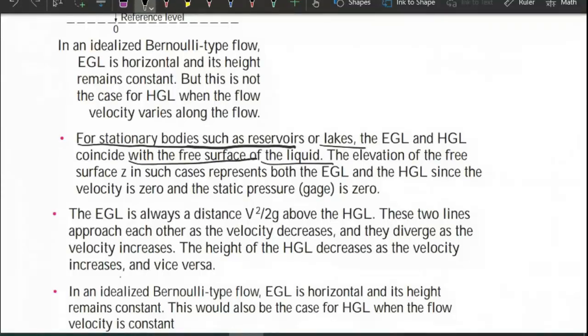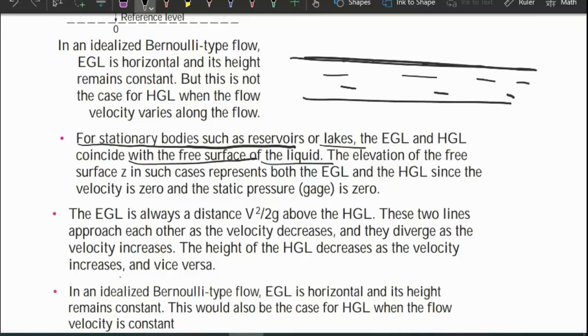This means EGL and HGL will coincide, and also they will coincide with the free surface. If you take the free surface as the reference, both will coincide with the free surface, because Z is 0 in that case. If I take a different value of Z, then again they will coincide, but a little bit up or down depending upon your value of Z.